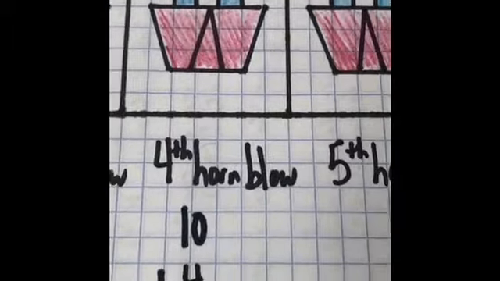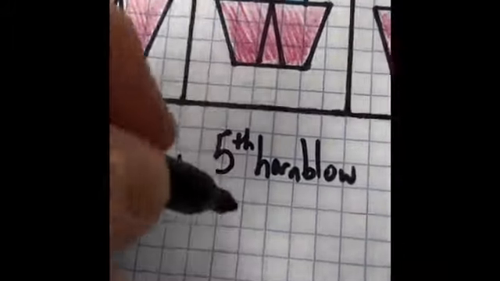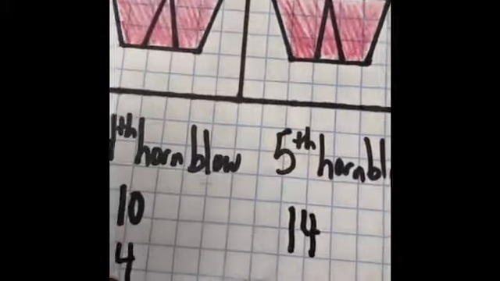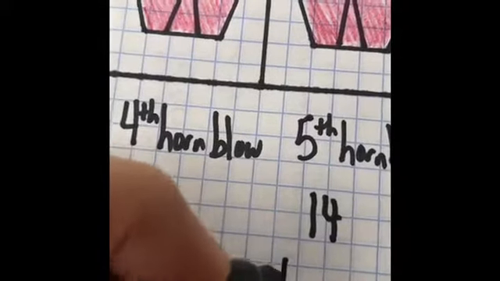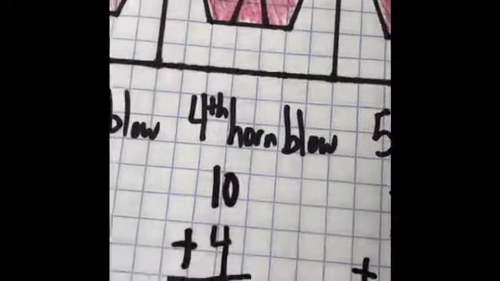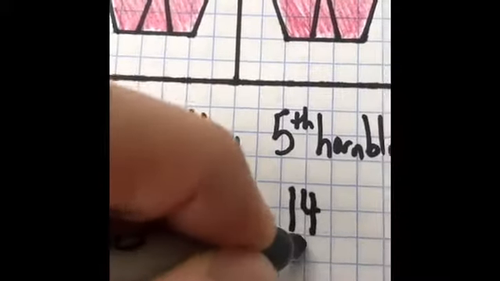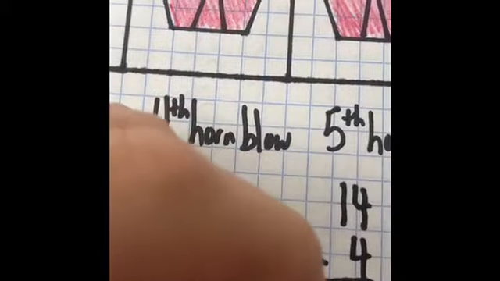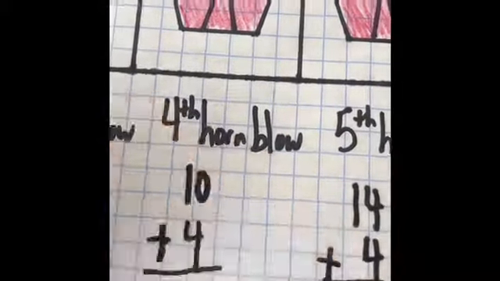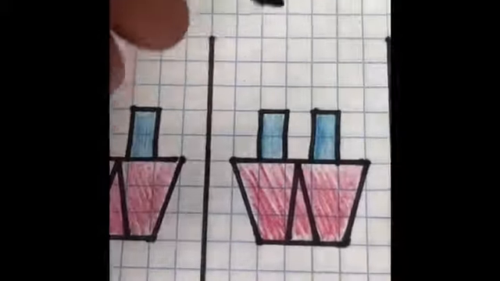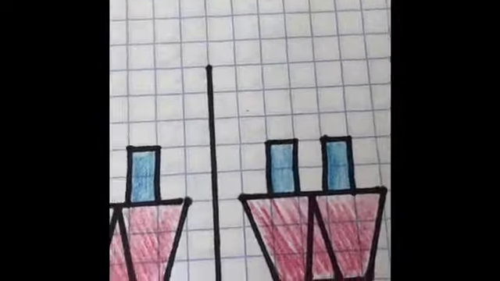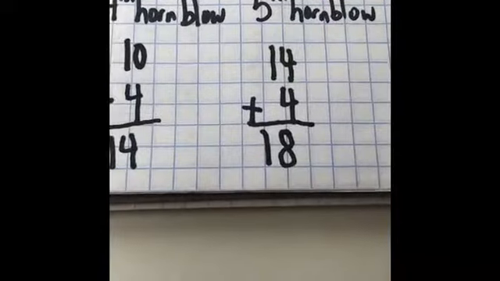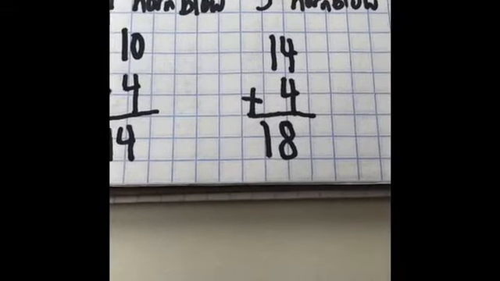Now for the fifth one, we would have our 14 from the fourth, plus I'm going to add 4 more like I did before. That gives me 18. So I should have 18 puffs of smoke if I drew them. Our fifth horn blow had 18 puffs of smoke.